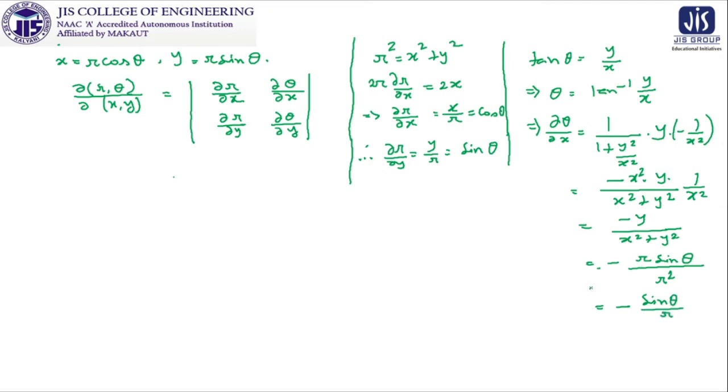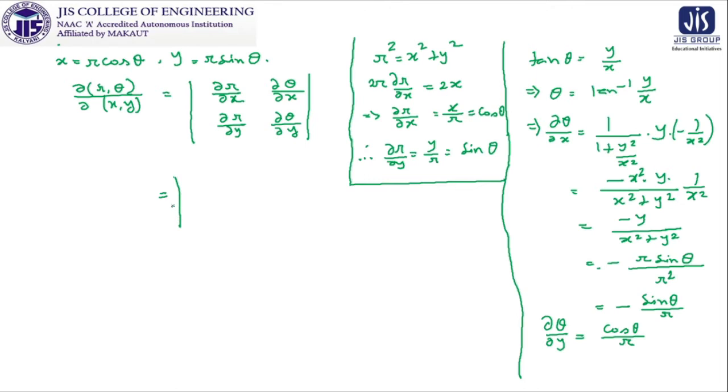In the similar manner, in the similar mode of calculation, you can find out del theta del y also. And what is del theta del y? Del theta del y for this calculation will give you cos theta by r. So as all these things are now known to us, we can proceed for finding out the Jacobian from this particular structure.